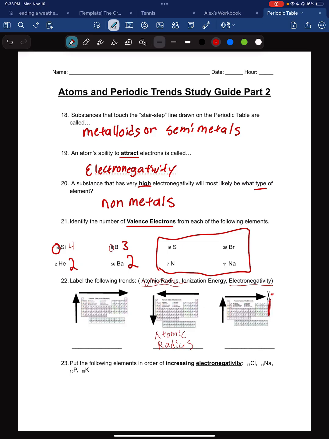It's like, hey, we're not talking about that one. So electronegativity is going to go right here. Now, the other one we have to talk about is ionization energy. Well, by process of elimination, ionization goes over here.